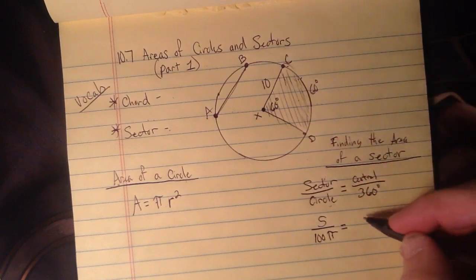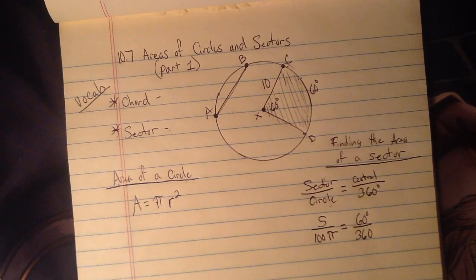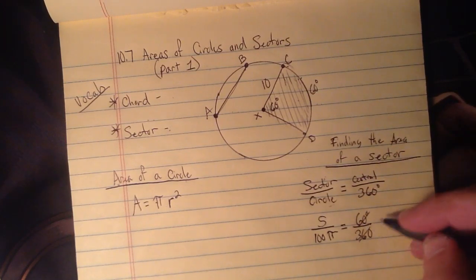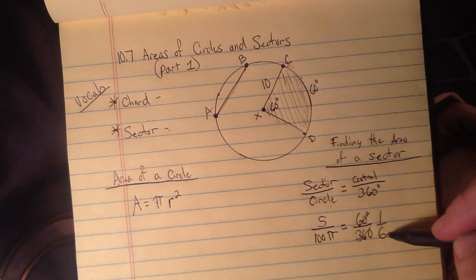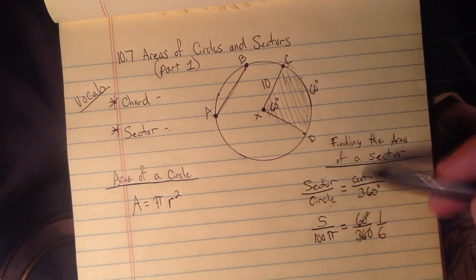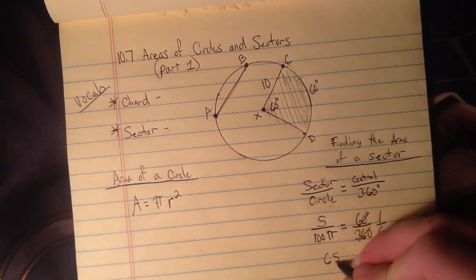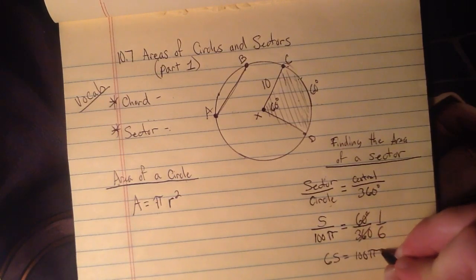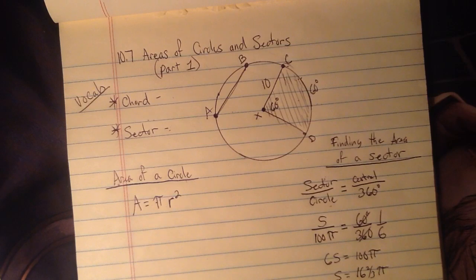As the central angle, 60 degrees, would be to 360. Now I'm just going to reduce this to 1/6, and my life gets a lot easier. So all you have to do is take 100 and divide it by 6, but we'll write it out just to make sure. So S equals 100 pi divided by 6, and of course you're going to get 16 2/3 pi, which I don't like as a mixed number, but I'm doing it off the top of my head.